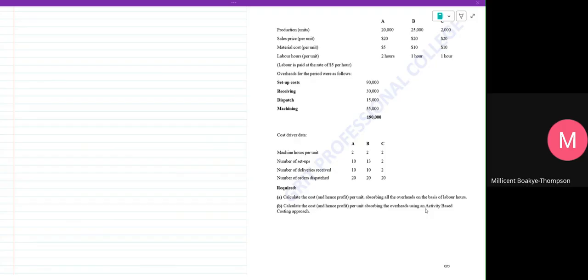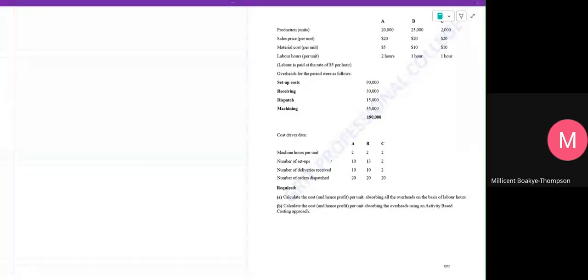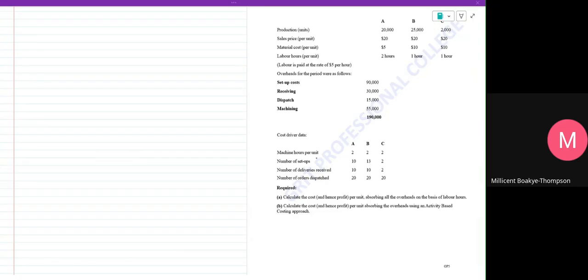Number of deliveries received: A is 10, B is 10, C is 2. Number of orders dispatched: A is 20, B is 20, and C is 20. Required: A, calculate the cost and hence profits per unit, absorbing all the overheads on the basis of labor hours. B, calculate the cost and hence profits per unit, absorbing the overheads using activity-based costing.